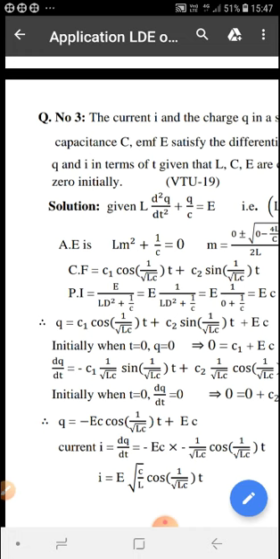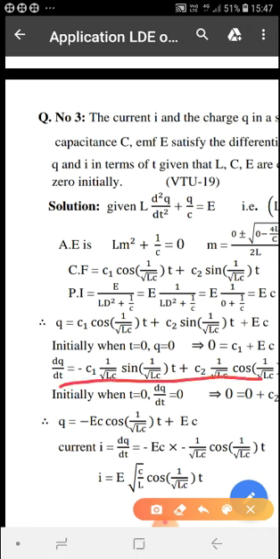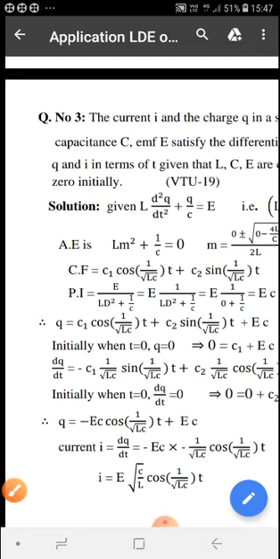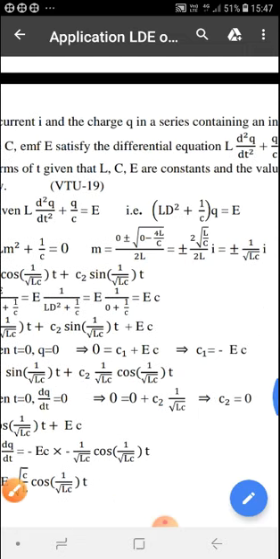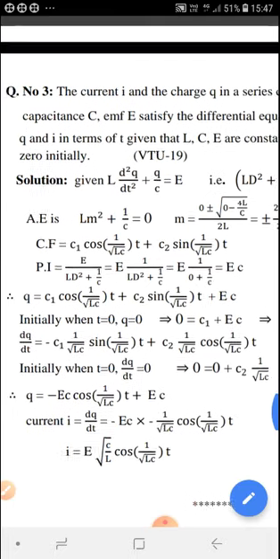First get dQ/dt: look at that Q, differentiate it with respect to t. In that you can put t as 0 and dQ/dt as 0. So on calculation you get C2 as 0.